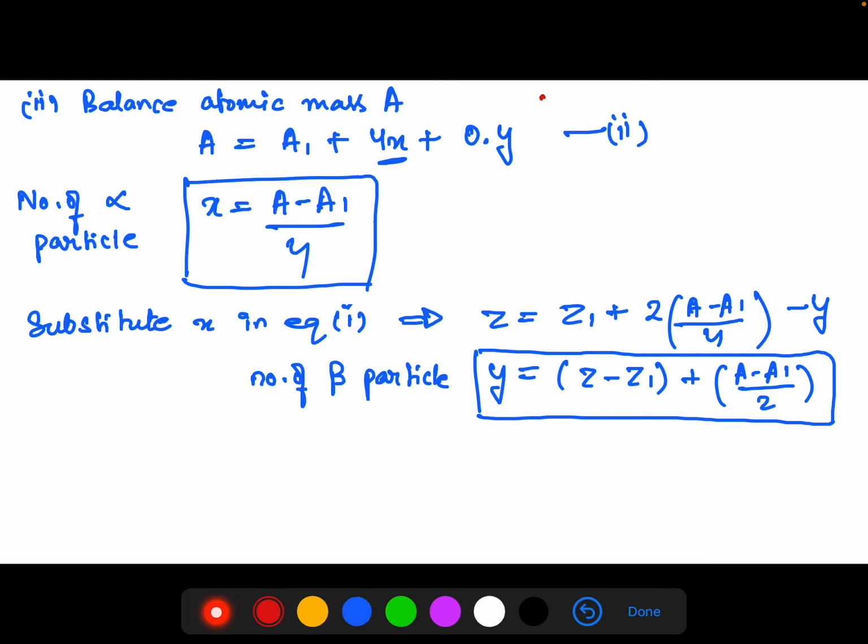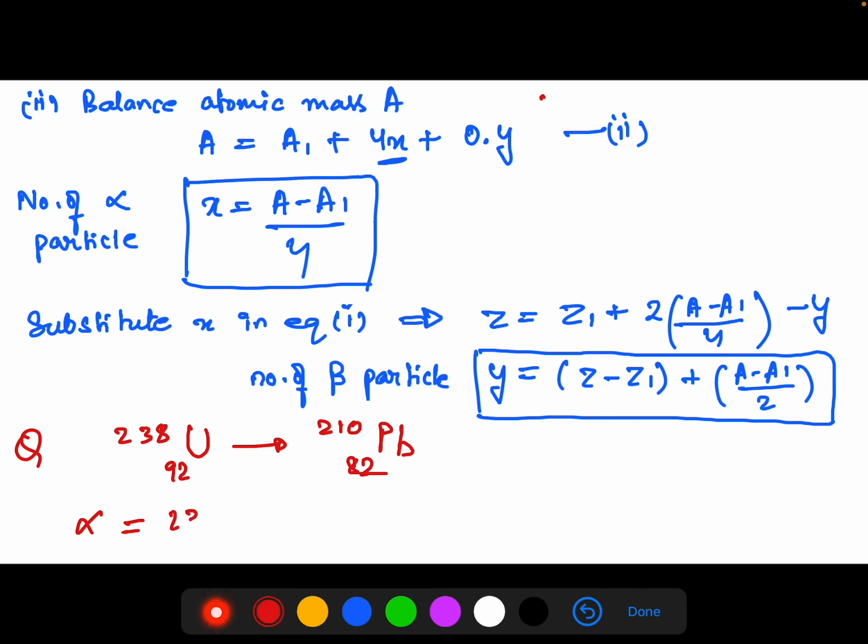Now to solve our problem, which is uranium 238 with atomic number 92 giving 210 with atomic number 82, first I will find the alpha particles. To find the alpha particles is very simple. Just subtract the masses to get the difference in atomic mass.